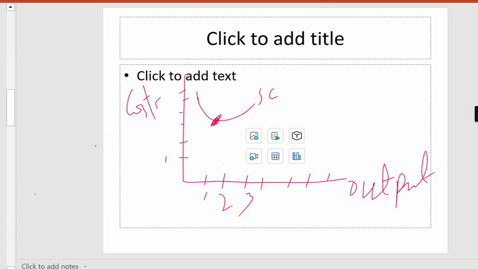Tunaanzia na x axis yetu. We can produce, kwa mfano hapa inaweza ikawa 2 3 4 na kuendelea. Sawa. Assume here at this point here is 1 and 3, right? What does it mean? At this point, call it, this is point A.